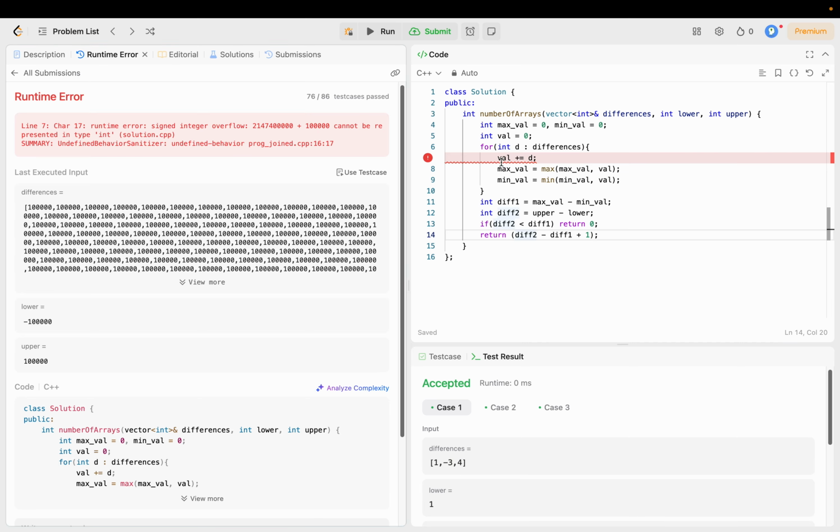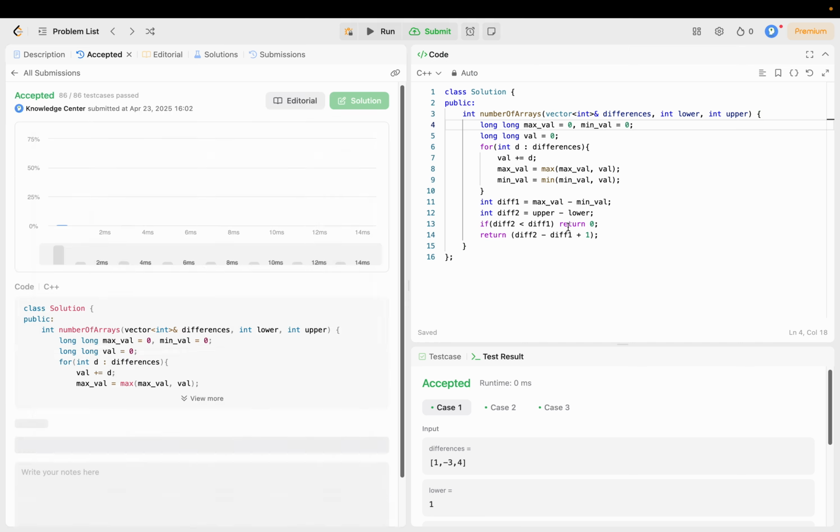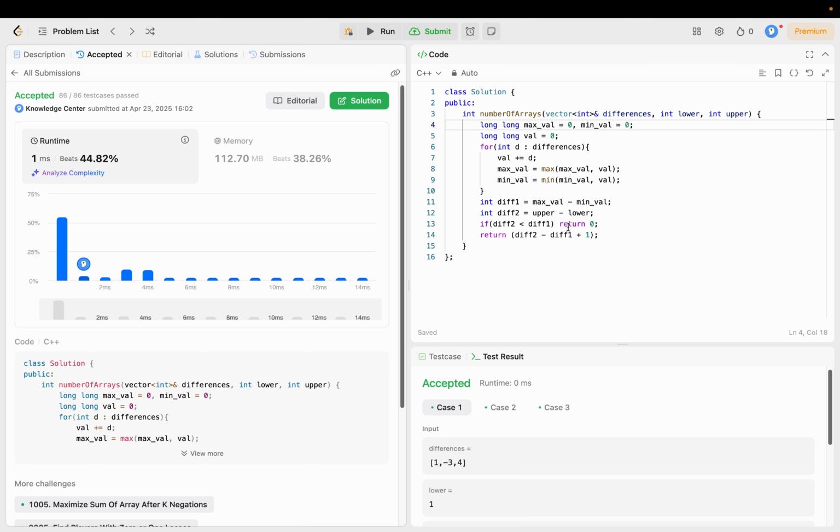So there is integer overflow, so maybe we can keep it long. So let's make it long, and now let's submit again, and the solution is accepted. So I hope you understood this problem. So see you in the next lesson.